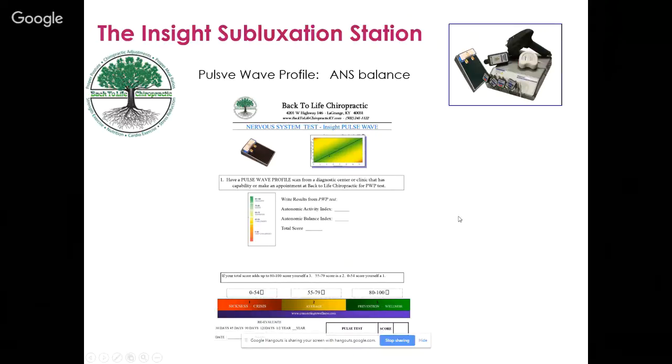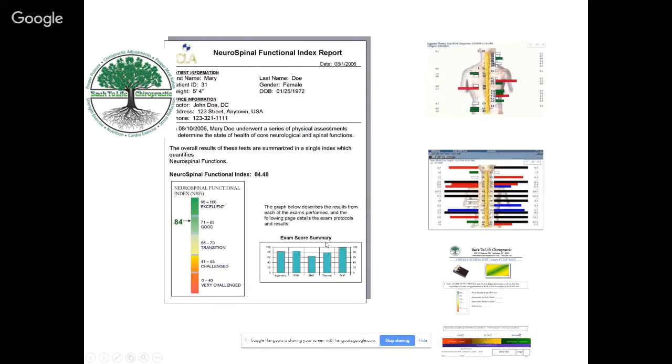So when you look at the three tests that we were talking about, thermograph, the surface EMG, and pulse wave profile, it will give you a score. And we actually do range of motion too. It'll just put you in a range. So it's kind of nice because you can actually see if you're in a very challenged, transitional, good, or excellent range. We can do that with each test too.